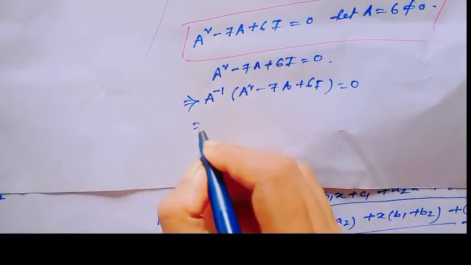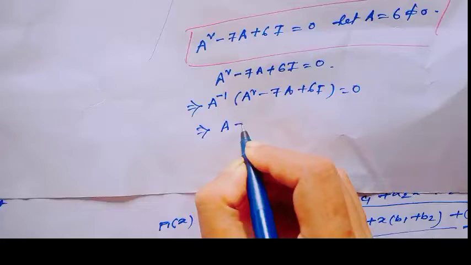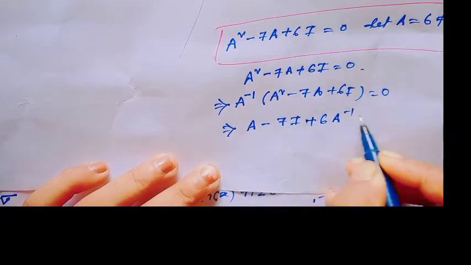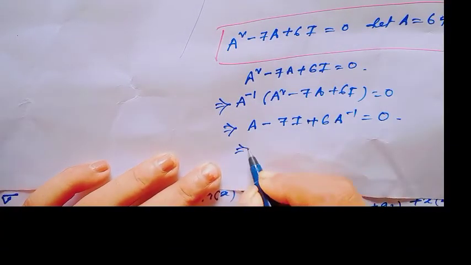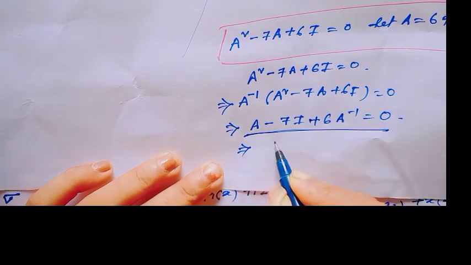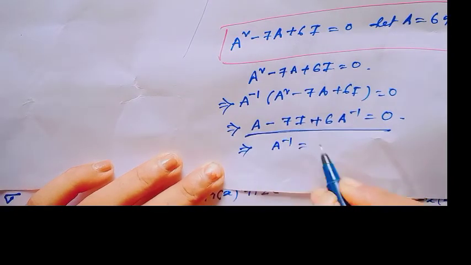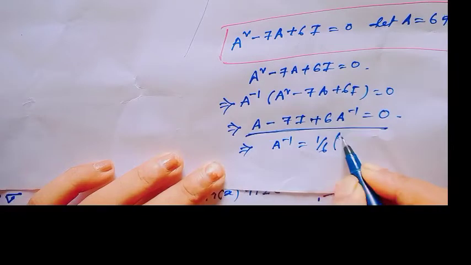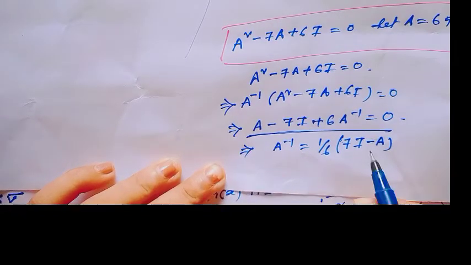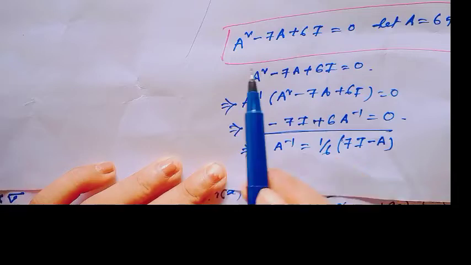Then this would be A minus 7I plus 6A inverse equal to 0. Notice this line, then we can write A inverse equal to 1 over 6 times 7I minus A. This is the inverse of this matrix A.